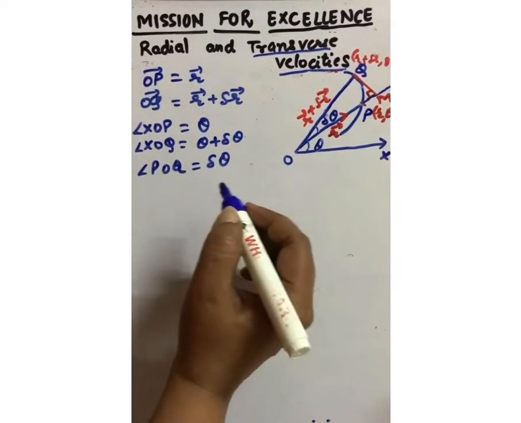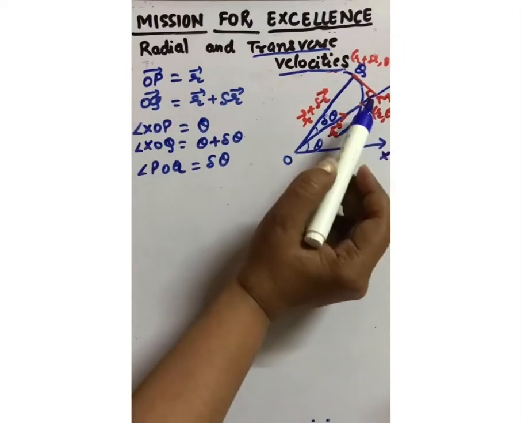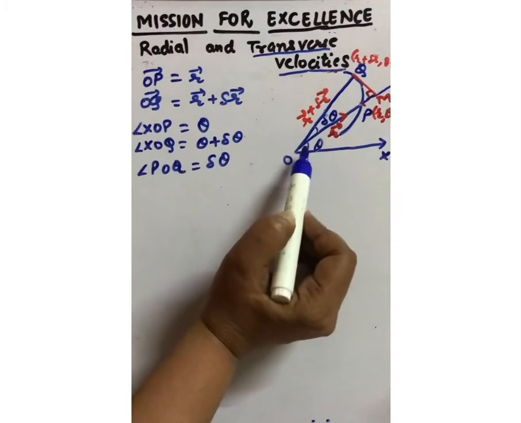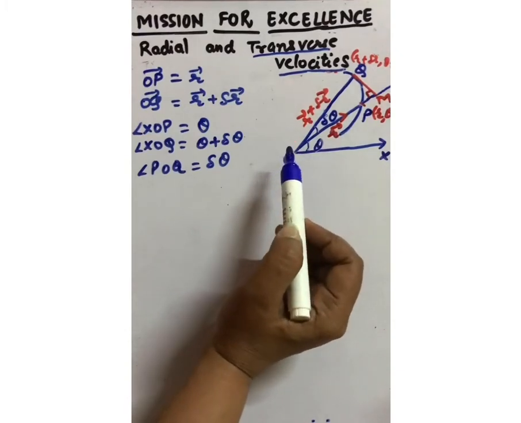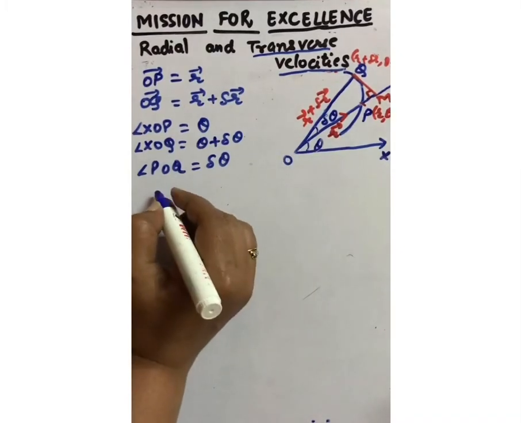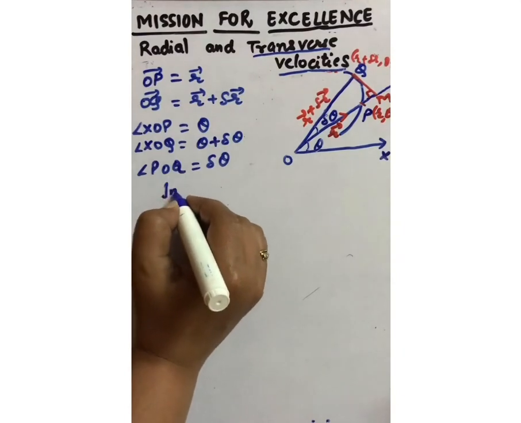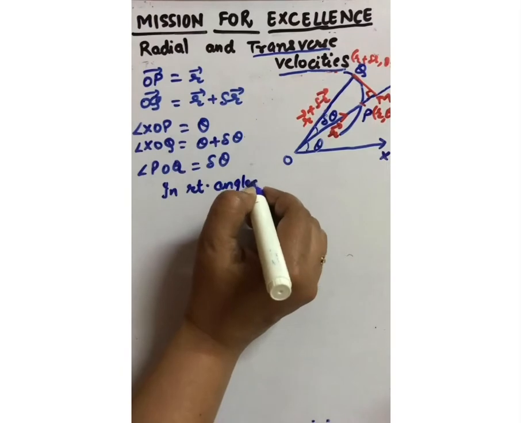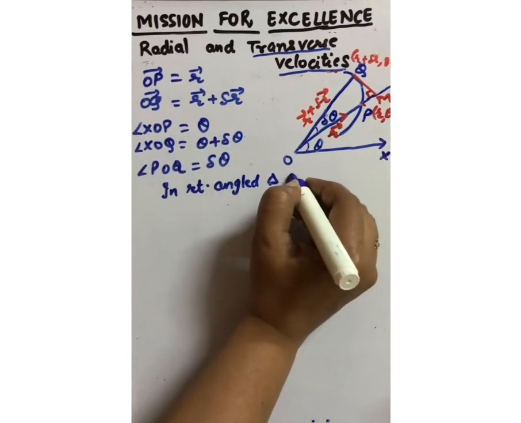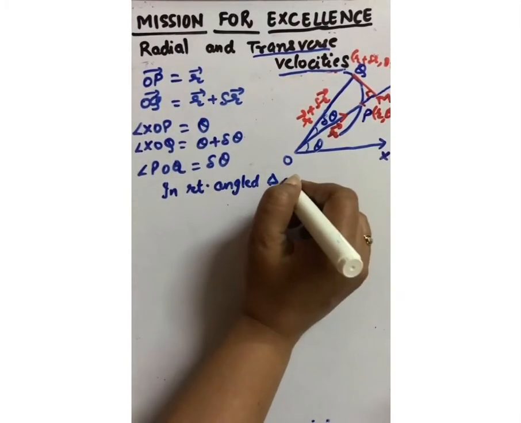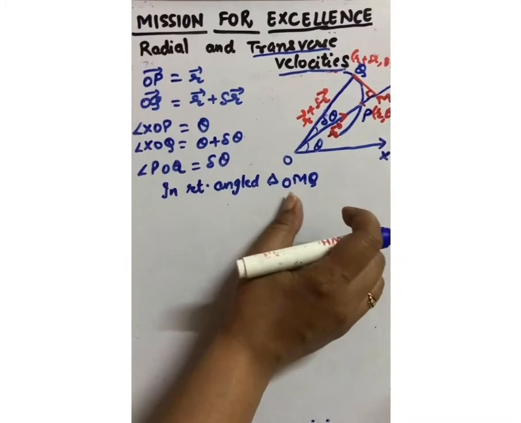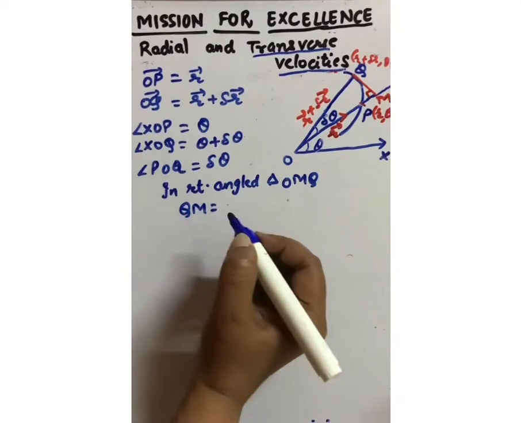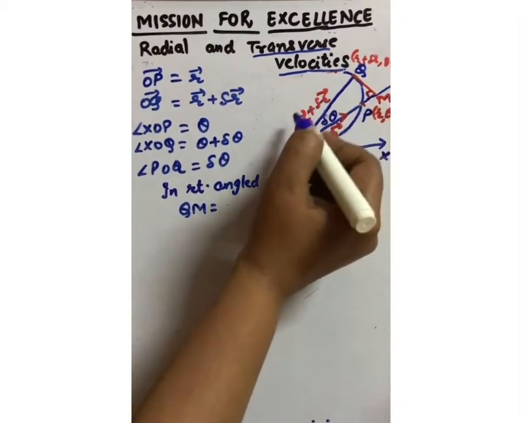So now this is the right angle triangle we are seeing, QOM, or you can see QMO. In right angle triangle OMQ, we apply the trigonometric ratios.